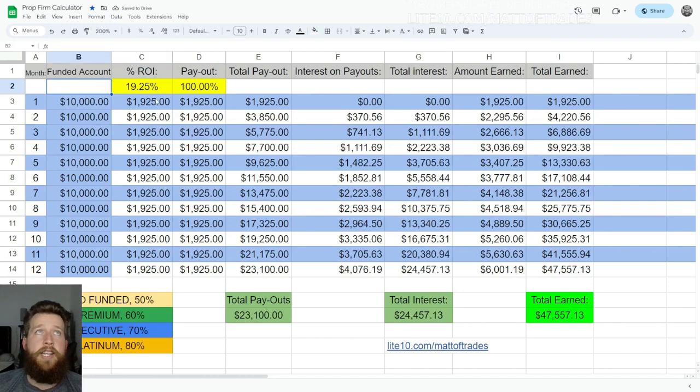Okay, so you would need to average a 19.25% monthly return every month in order to get to a point where you're able to pull $6,000 a month after a year.